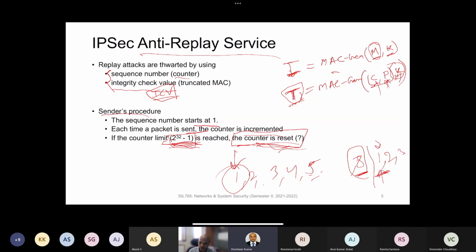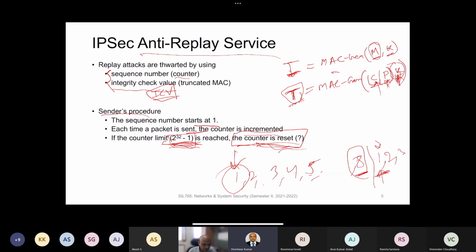That will break the security of the system. You don't have much control over the payload, which could be repeated. Therefore, you have control over the counter, and over what key you utilize to generate the authentication tag. So if your counter is going to be reset, which means it is going to be reused again, then you should change the key. That is the point that I wanted to make here.